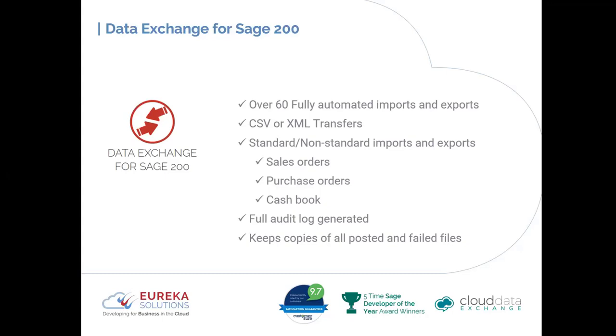And that file can update certain aspects of Sage 200, i.e. it can process orders. So we can pick up a sales order CSV from a folder and pull it into Sage. Not only that, we can automate the sales order. We can allocate the stock, dispatch it, generate the invoice, and post that invoice to the ledger.